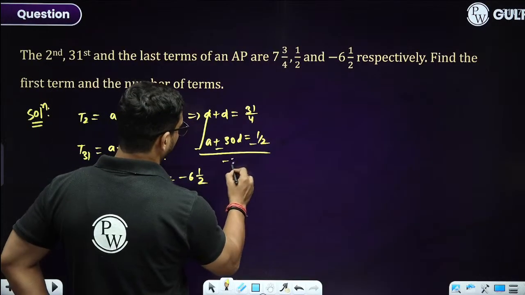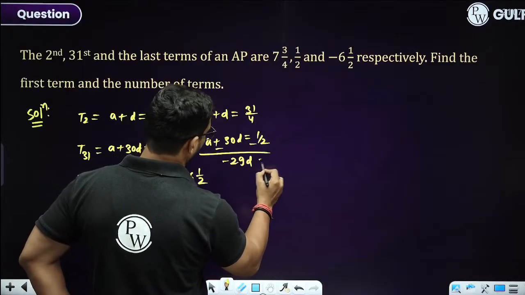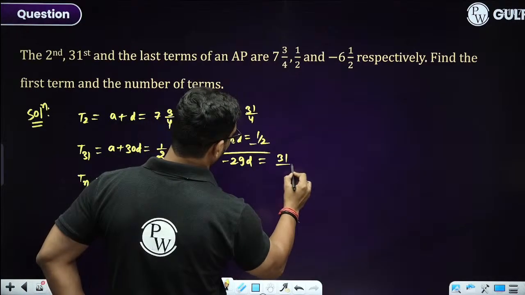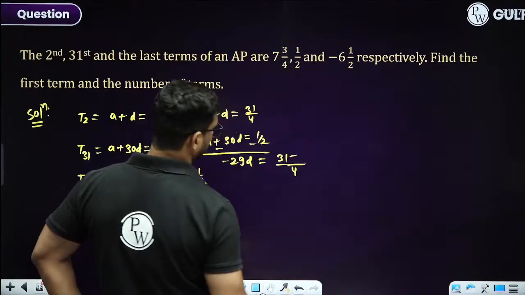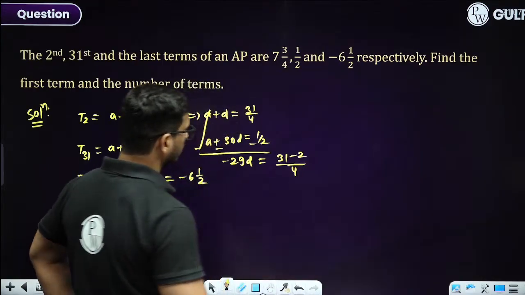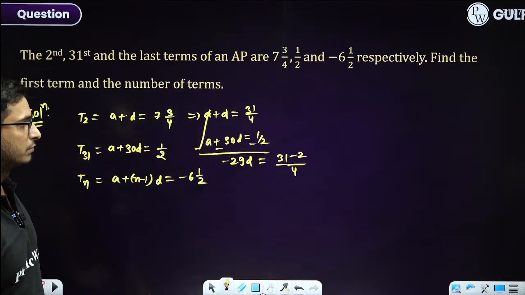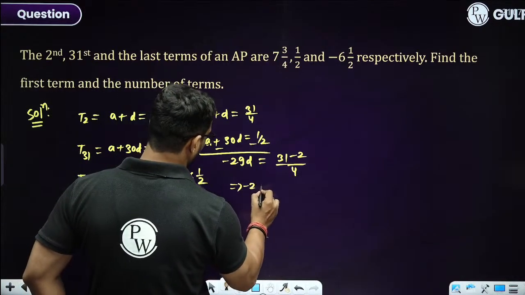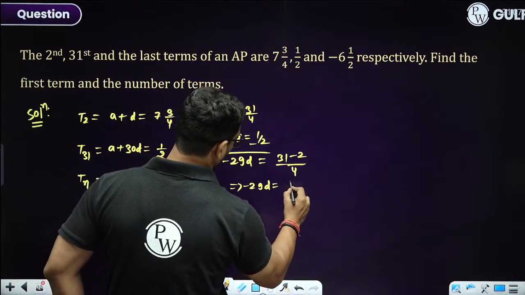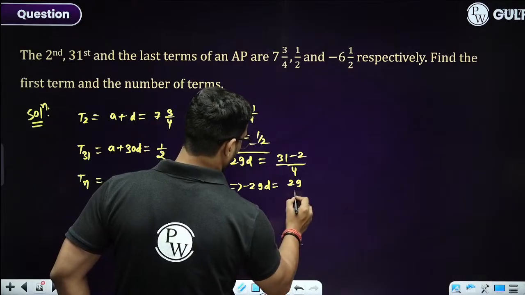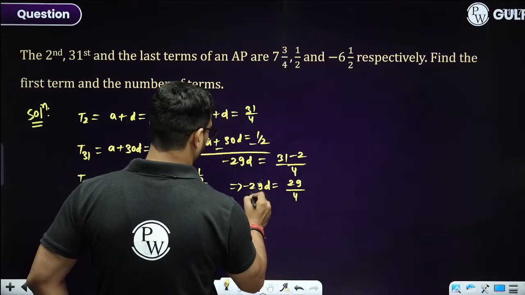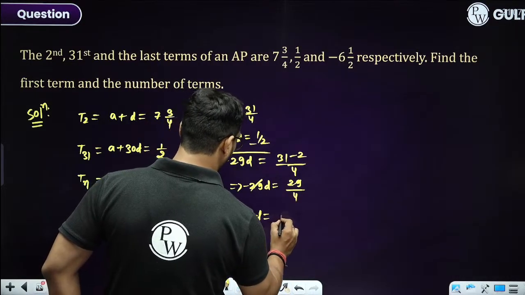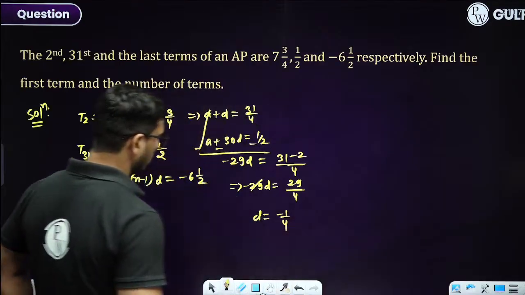So this is minus 29D, let's do it. 31 by 4 minus, should I write 2 here? Hello? Yes, sir. So this is minus 29D, minus 29 by 4. 29 gone, so we have minus 1 by 4.